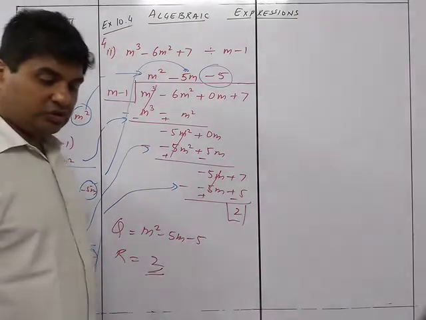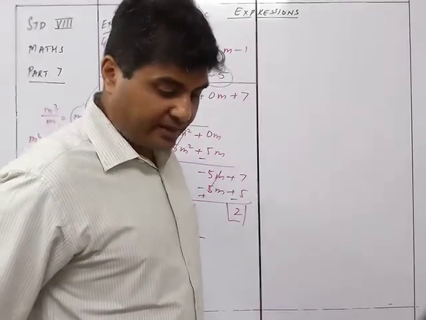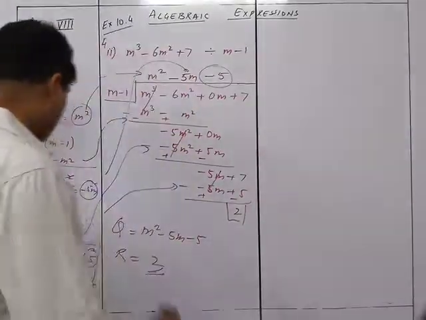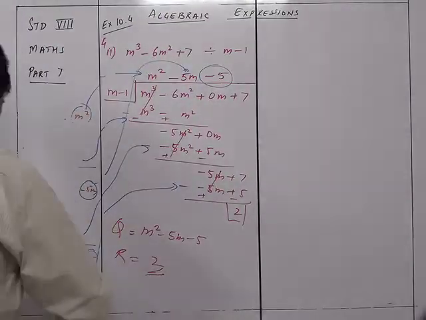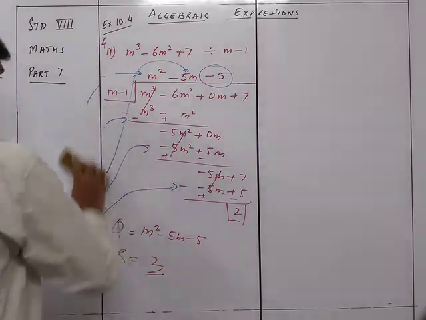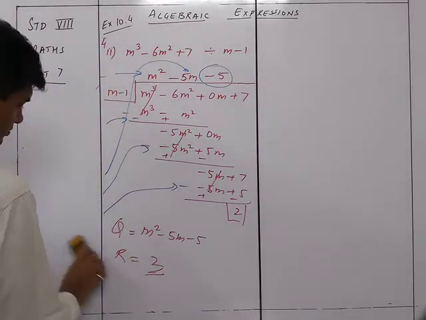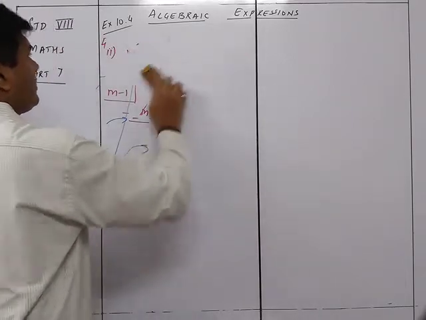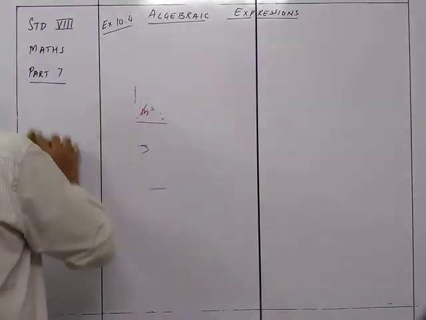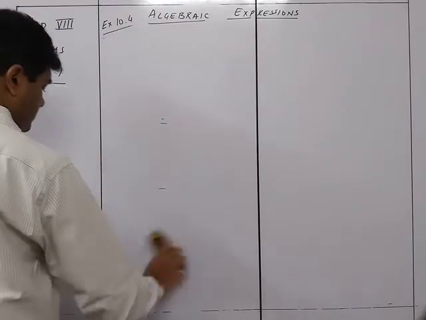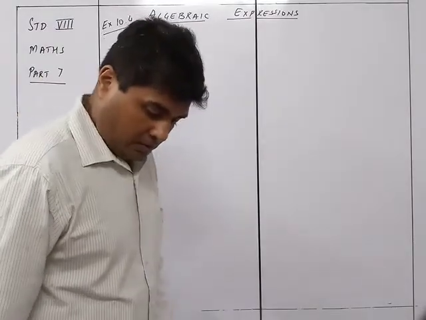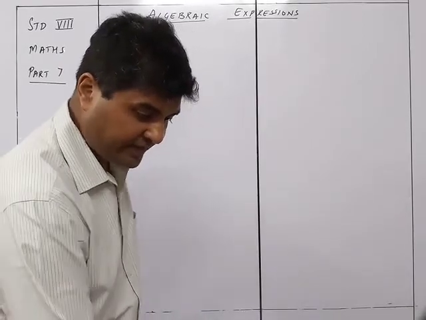Clear? So this was sum number 4's second. Now we do sum number 5's second. Okay, sum number 5, second sum.